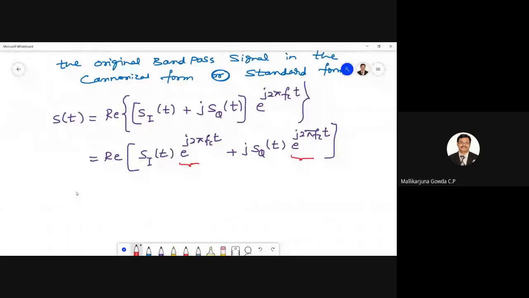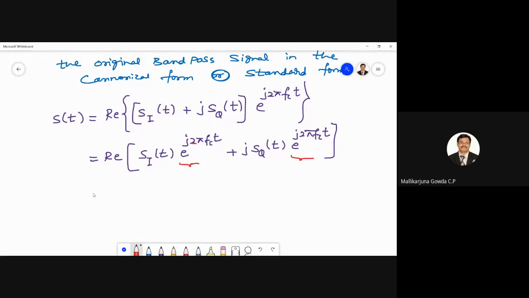E power j theta equals cos theta plus j sin theta. The same way we can substitute e power j 2 pi fct as cos 2 pi fct plus j sin 2 pi fct.